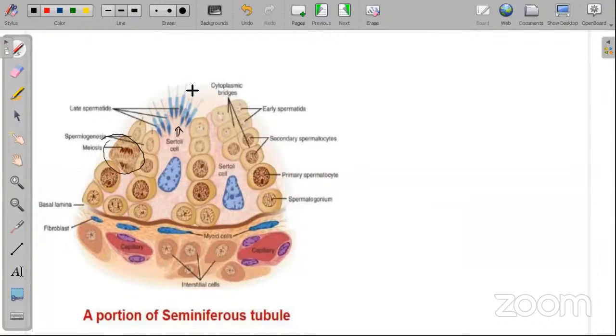It nourishes the spermatozoa or late spermatid, and that's why it is known as a nurse cell.